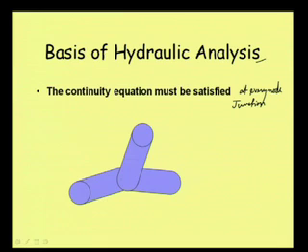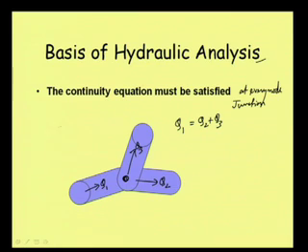So this is a junction, and suppose an amount Q1 is coming in this direction, Q2 is going in this direction, and Q3 is going in this direction. What this continuity condition says is that Q1, which is coming into this particular point, this node, and what is going out must be equal: Q1 equals Q2 plus Q3.